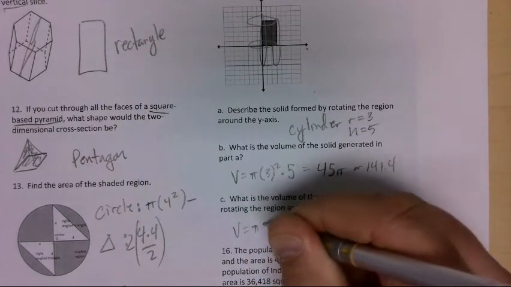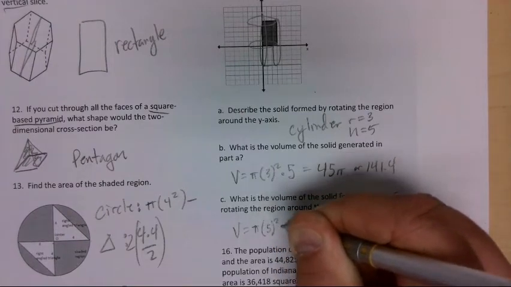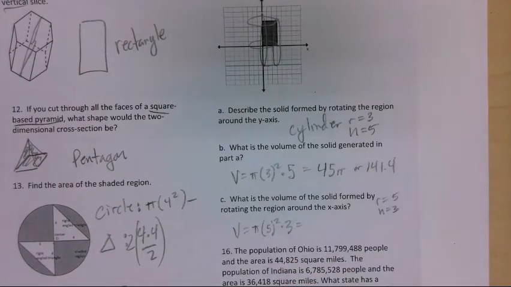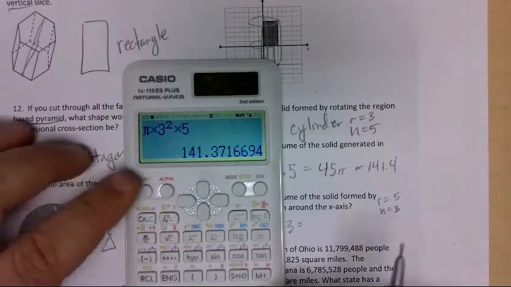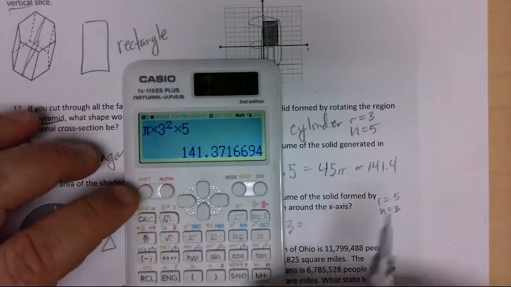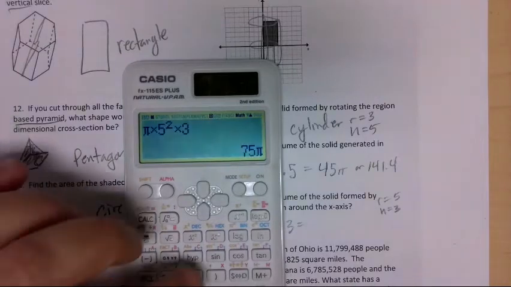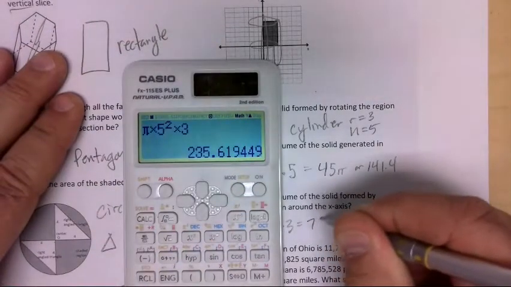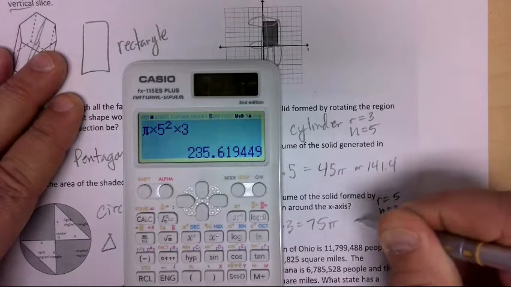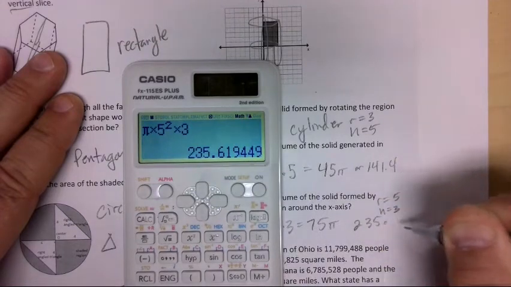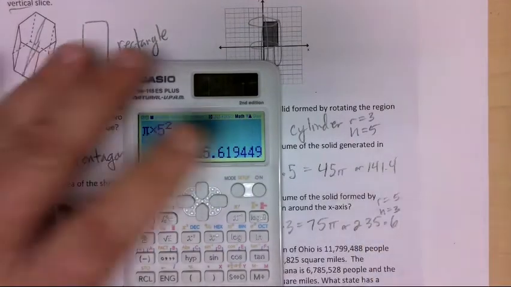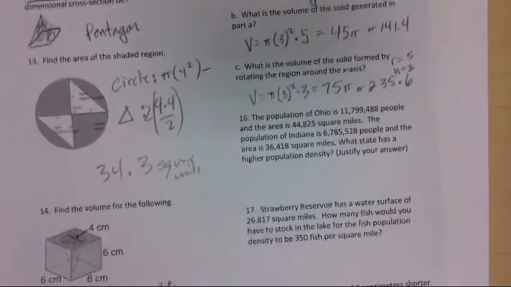So pi times 5 squared times 3 gives me 75 pi, or 235.6. Either one of those is good.